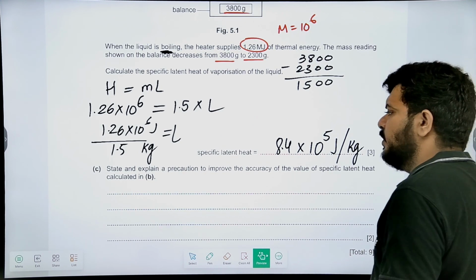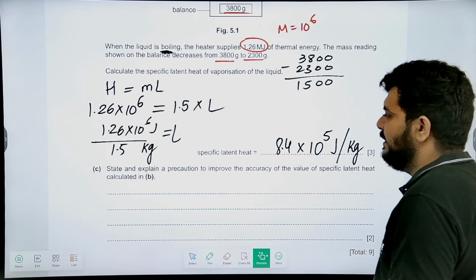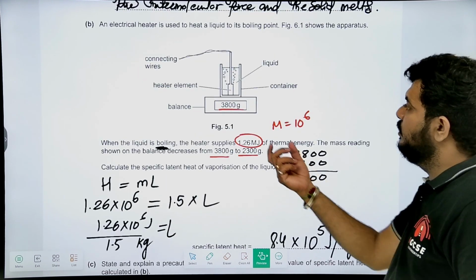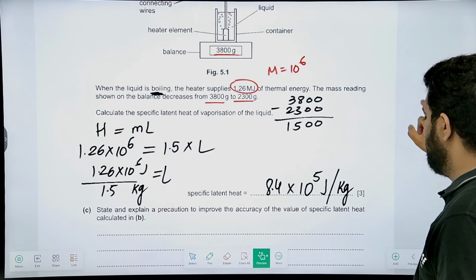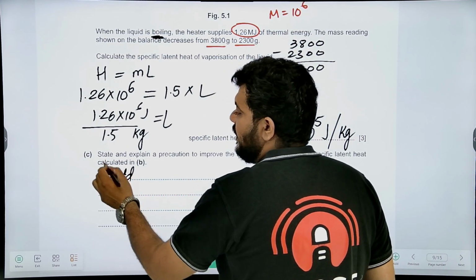State and explain a precaution to improve the accuracy of the value of specific latent heat calculated in B. Now, if you observe, guys, there is no insulator on the container. So what I will write? State and explain, right?